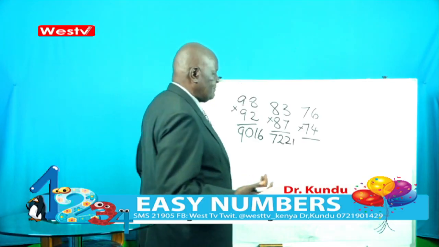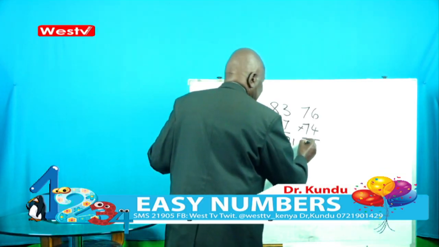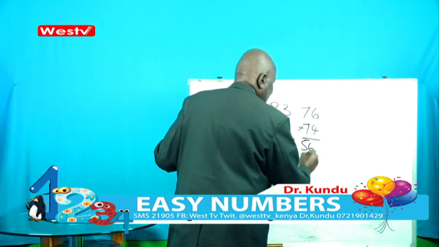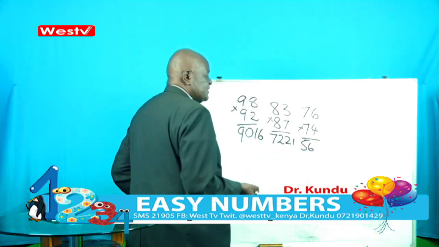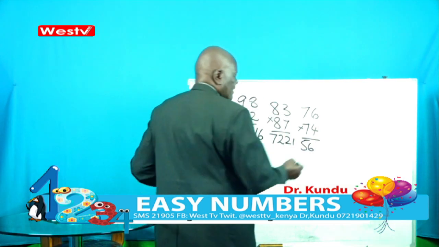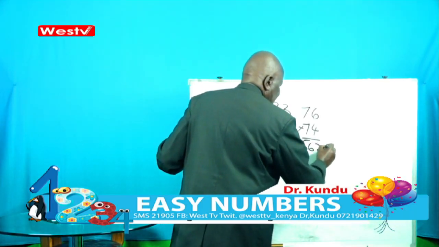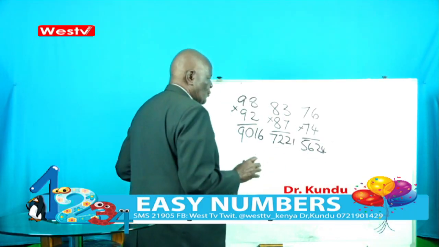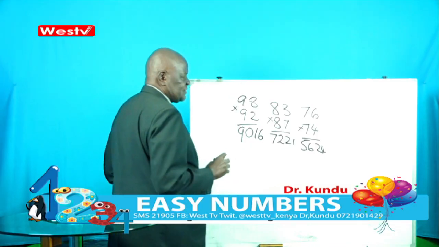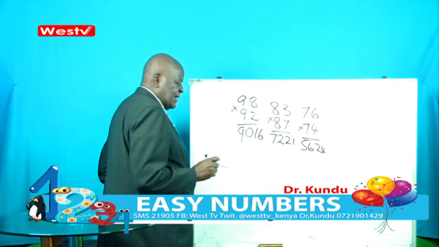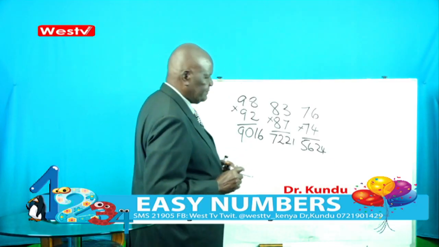So 7 times 8 would give you 56, and then 6 times 4 would give you 24. This is how you would deal with numbers whose left is the same and the right adds to 10.